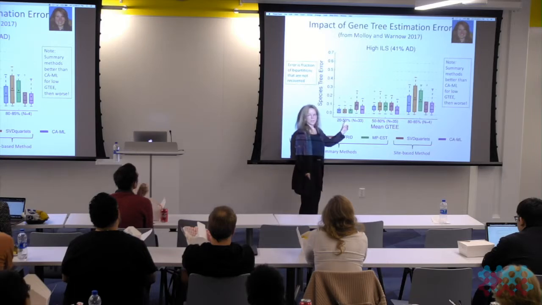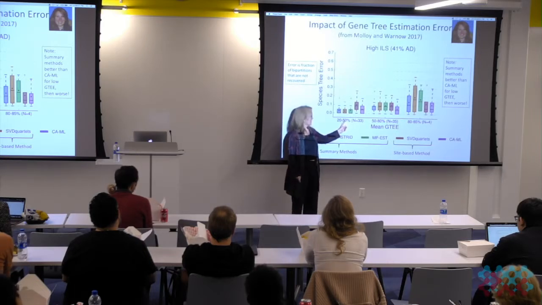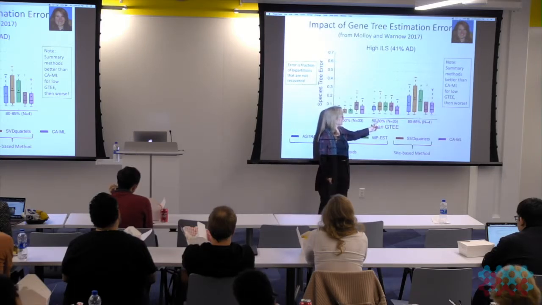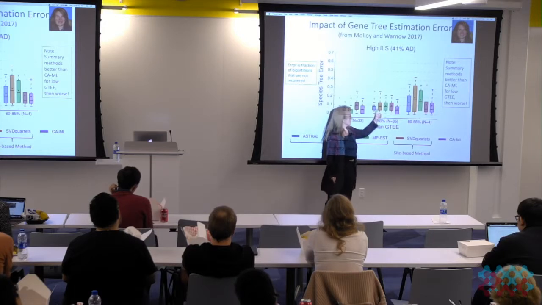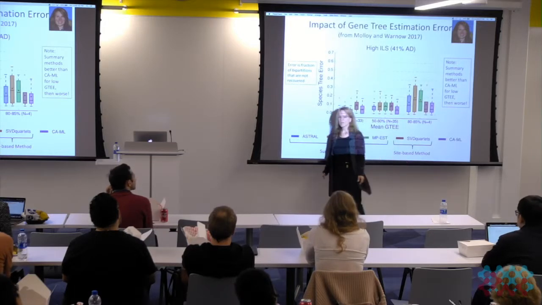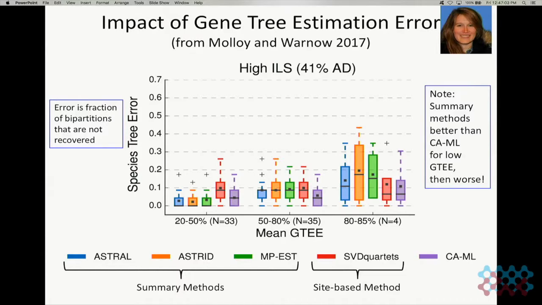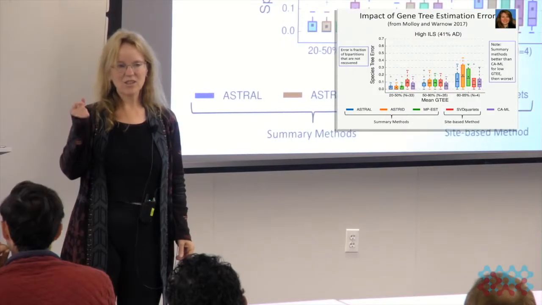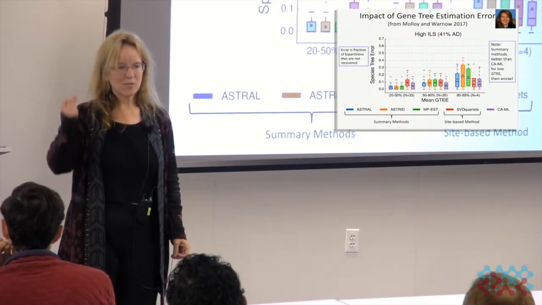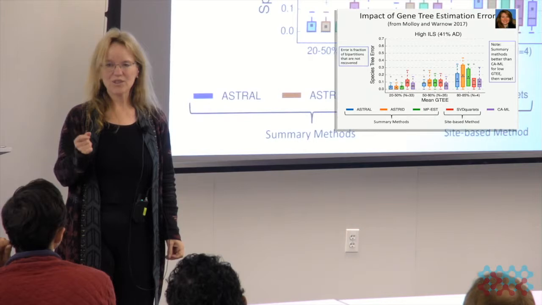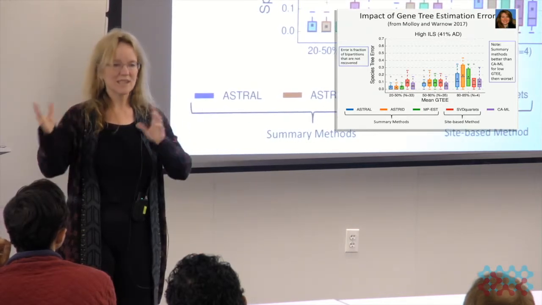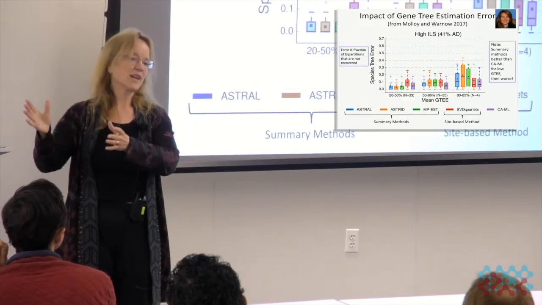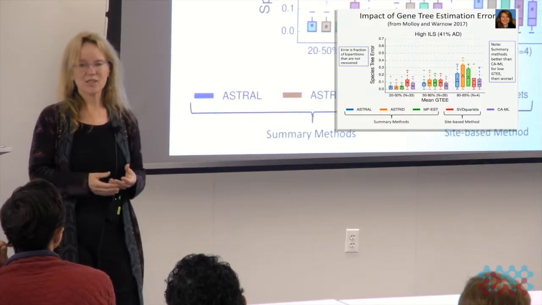This is 50% gene tree error. This is up to 80%, and up to 80% it's worse. But when you're above 80%, it's definitely worse. And mind you, this model, I think, is even in the anomaly zone. So it's a case where concatenation is actually more accurate than summary methods, even in the anomaly zone, which is going to be shocking to people who believe that coalescent approaches are the right way. Sometimes concatenation is better.